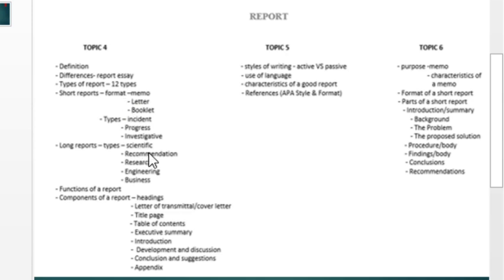Because if you look at long reports, it depends on where you are working one day. And normally firms and organizations have examples and templates for you to refer to. Okay? Let's say you are working as an assistant science officer, so one day you will be tasked to write a scientific report.